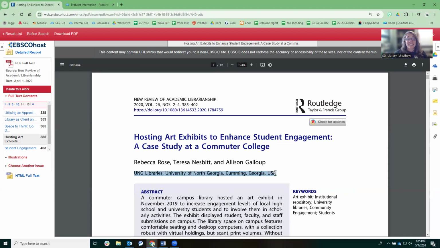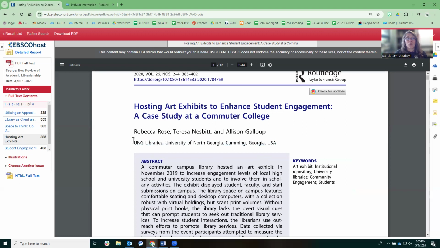However, what I can see is that all of these three people work at the University of North Georgia's library. So from that, I can make a couple of leaps. They probably have some sort of degree or training in libraries, and they currently work doing this job, so they have some expertise. I would say authority, thumbs up.